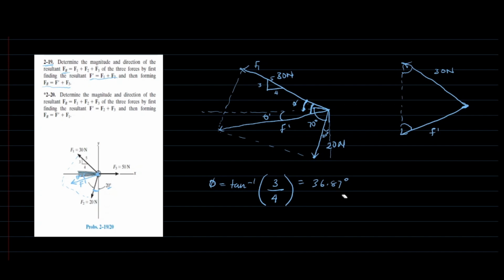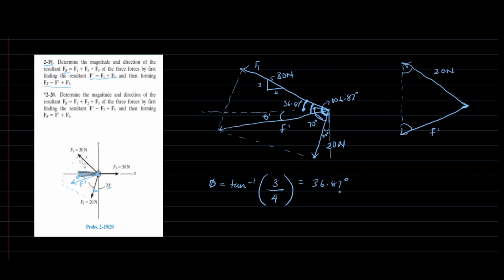So we're just going to write it here: 36.87 degrees. Now since we know the angle from this point to this point, we can say that the entirety of the angle here is 70 plus 36.87, which is 106.87 degrees.